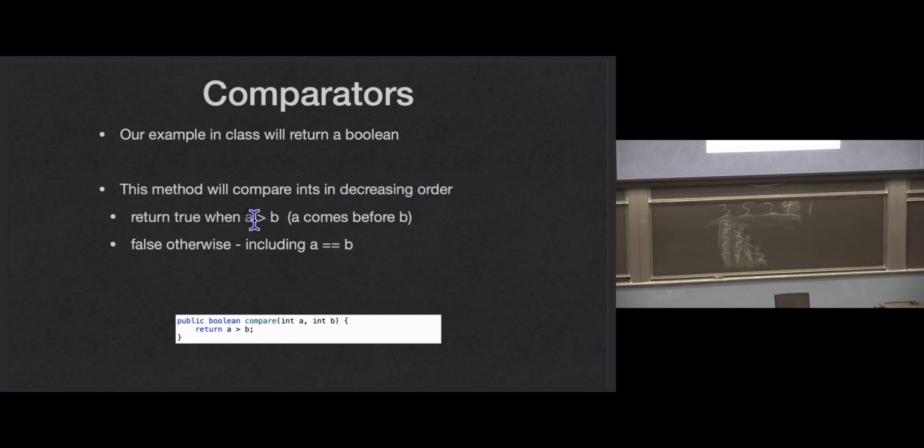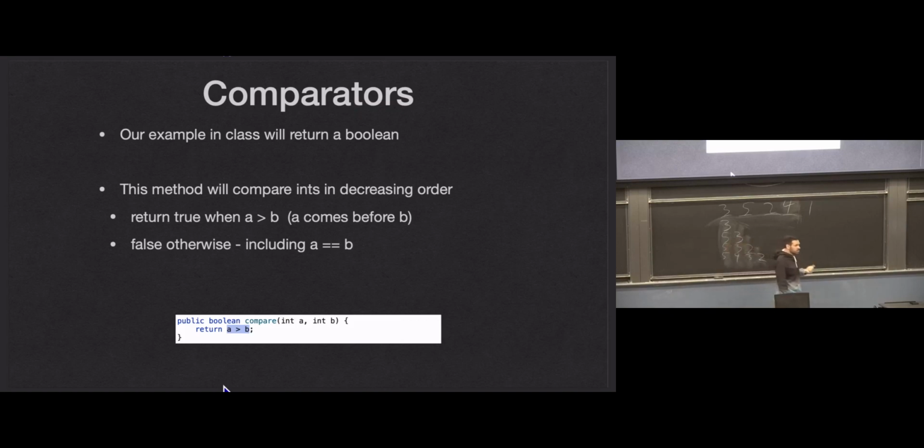So we're going to return A greater than B. If A comes before B in this sorted order, that would mean that A would have to be greater than B. And that's exactly what we're going to return. A greater than B, and return this. This resolves to a Boolean, either true or false, and we're just going to return that. So if A is greater than B, return true. The first argument comes before the second one.